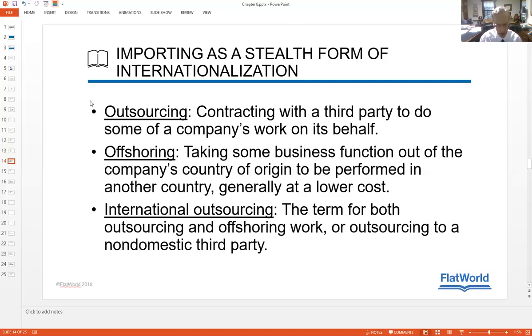I'm not real comfortable with that choice of terms. I think the key to international outsourcing is that it simply acknowledges that a lot of outsourcing initially was done within the home country. It simply turned out that some steps in the value chain didn't add a lot of value, and it worked out better for companies if they turned it over to specialists who were located in the same country.